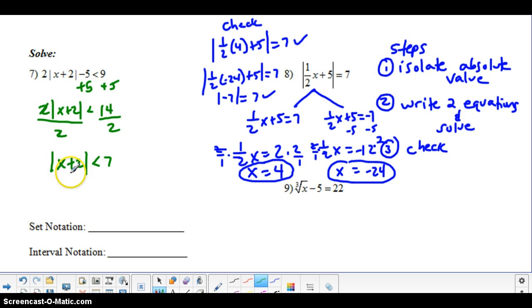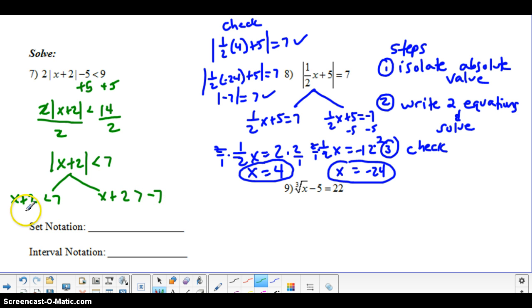Now we have to write our two equations. When we have inequalities, our first equation is going to be what it looks like there without the absolute value. So x plus 2 less than 7, and for the second equation, the inequality is going to flip, and then we're going to write a negative 7.